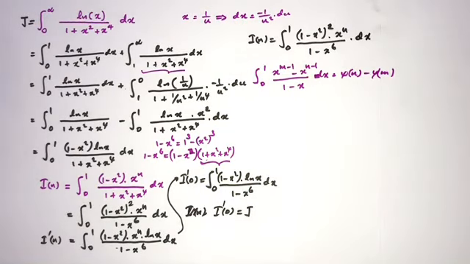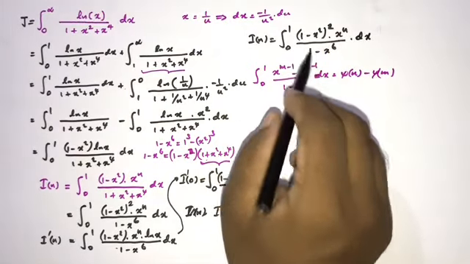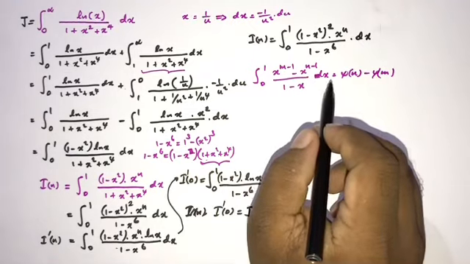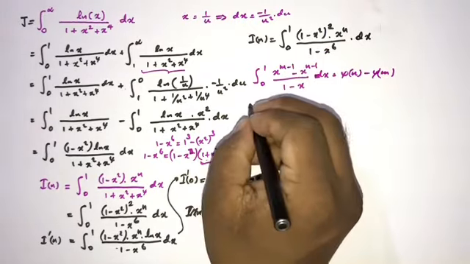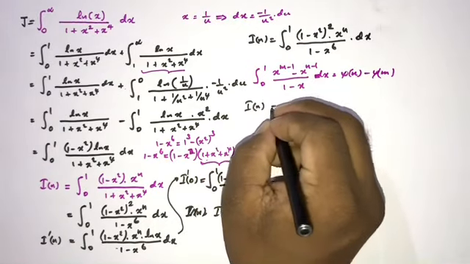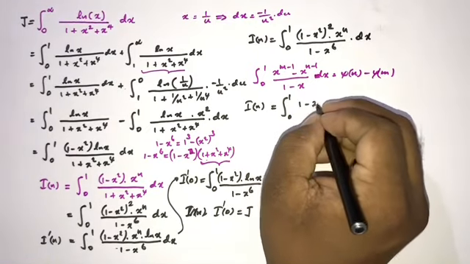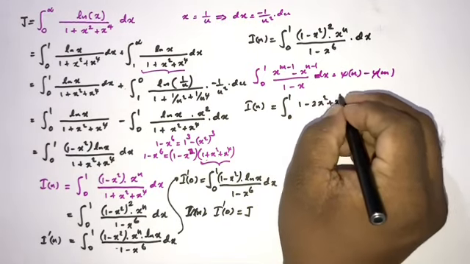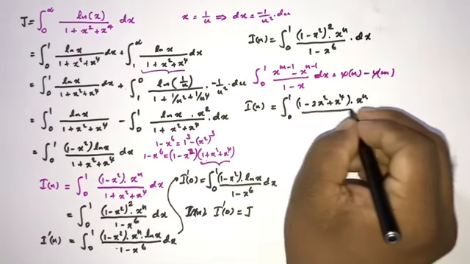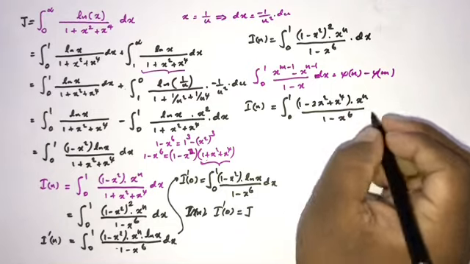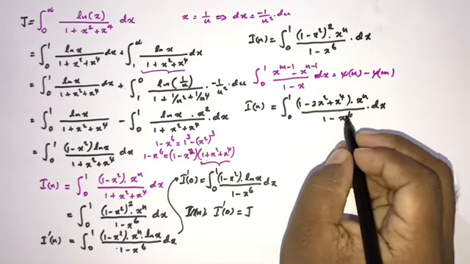Okay, now how to convert our integral to an integral like this? First we can simplify the square. So I n is equal to the integral from 0 to 1 of (1 minus 2 times x squared plus x to the 4th power) times x to the n over 1 minus x to the 6th power dx, and here we have x to the 6th power.